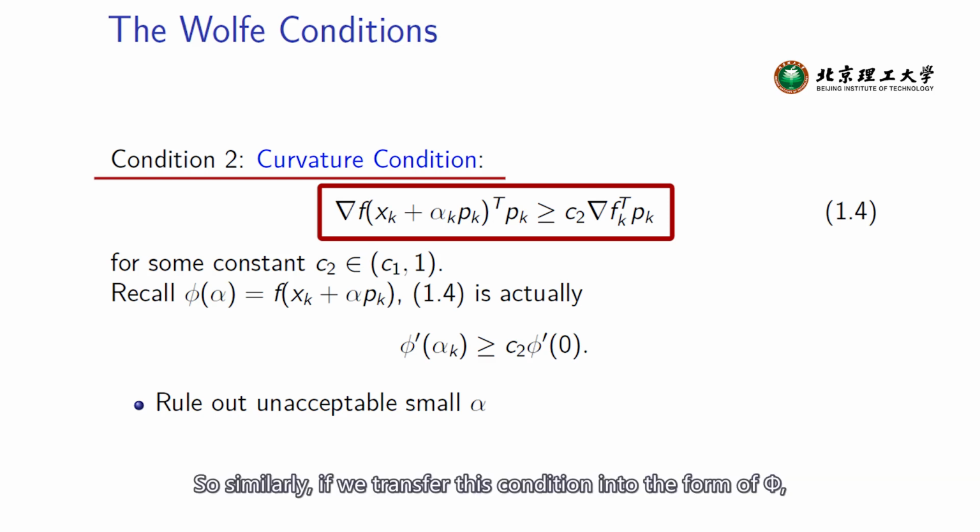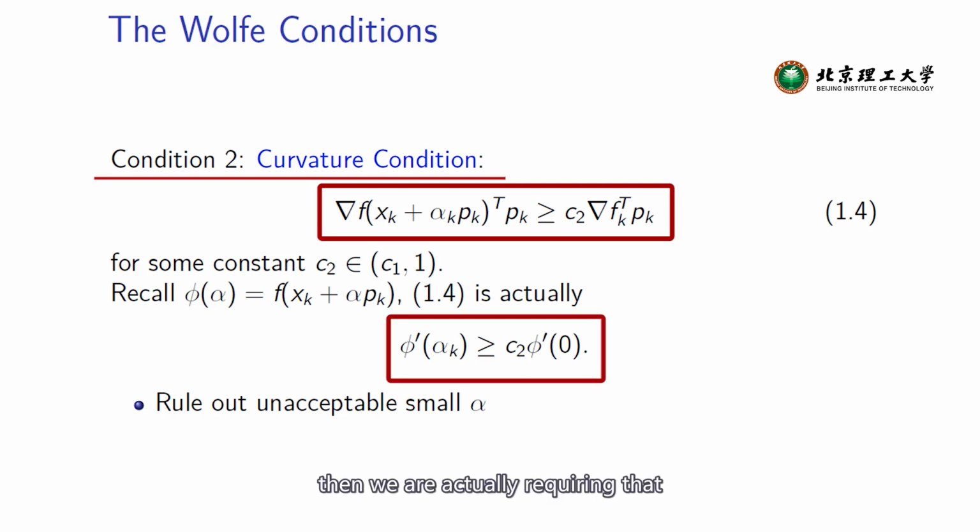Similarly, if we transfer this condition into the form of phi, then we are actually requiring that the slope of the function at the current iteration is greater than or equal to a ratio of phi prime at 0. All right?